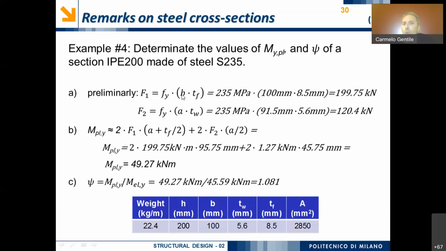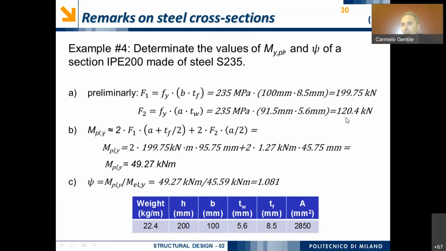The width of the flange for an IPE 200 is 100 millimeters. The thickness of the flange is 8.5 millimeters. So we will have a force F1 which is equal to 199.75 kilonewton.